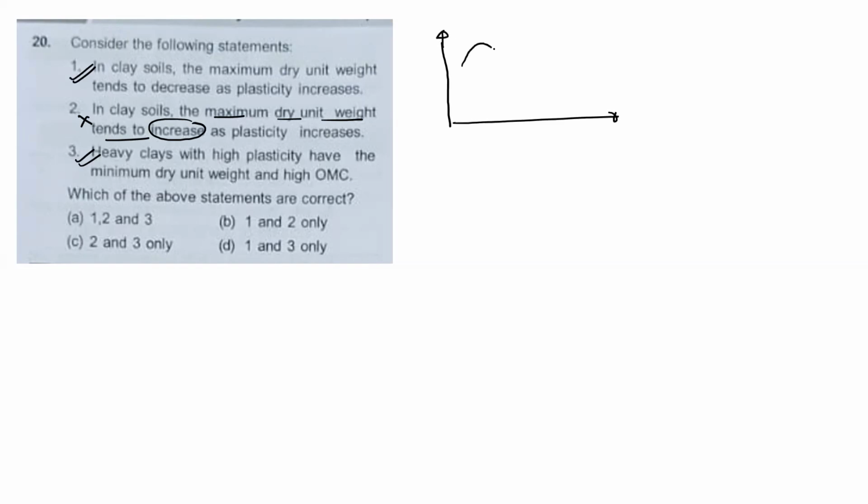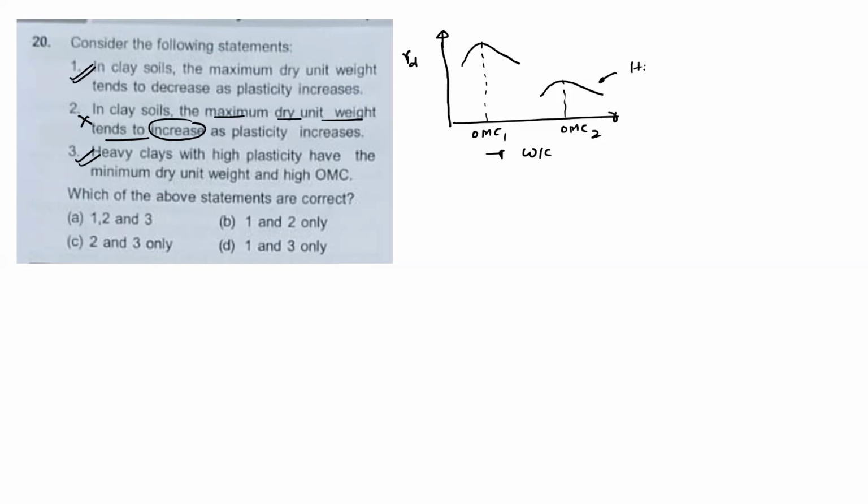This is non-plastic soil, and this is highly plastic soil. This is a graph for gamma D and water content. Okay, this is OMC1, this is OMC2.